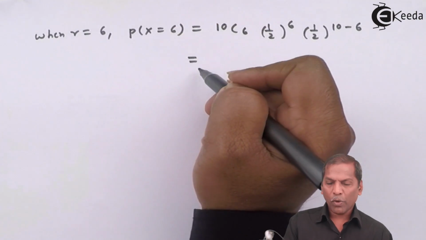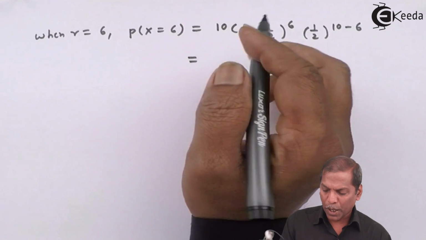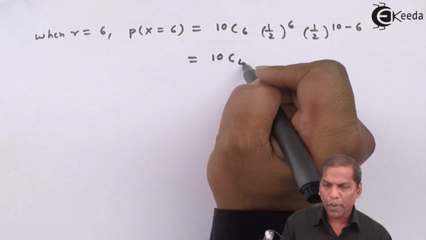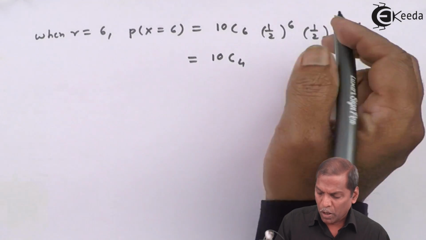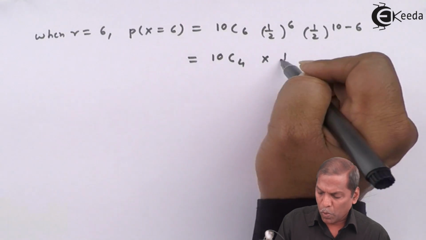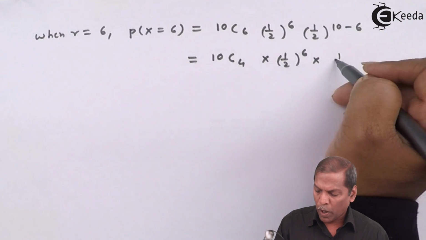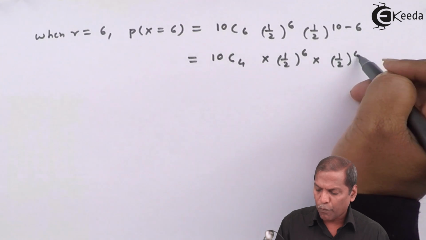So that is equal to, now 10c6 is the same as 10c 10 minus 6, that is 4, then into 1 upon 2 raised 6 into 1 upon 2 raised 4.